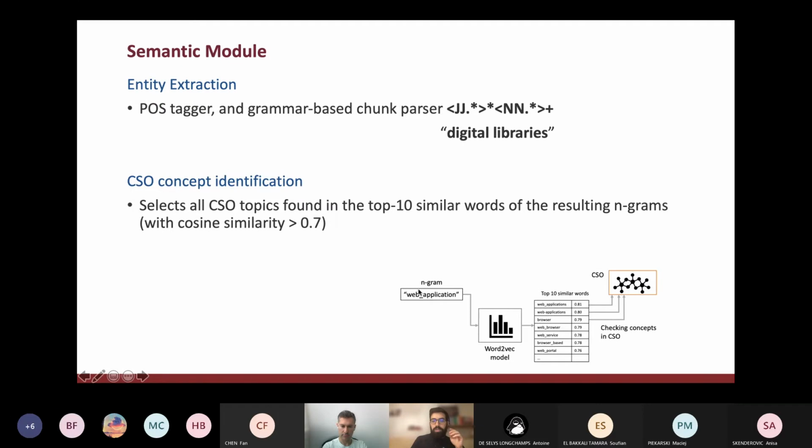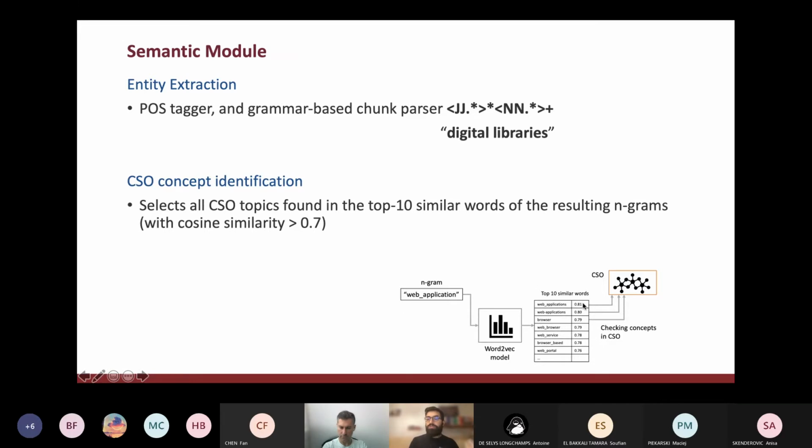Here there is an example with the word web application. We ask the model, can you tell me the top 10 similar words? The top similar words are web applications, web-application with the hyphen, browser, web service, browser-based, web portal. Those are the top related words to web application, and here I also have the score.